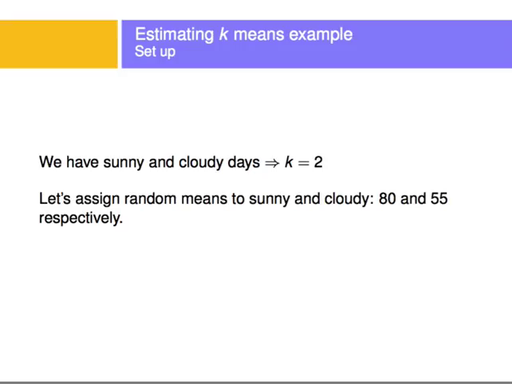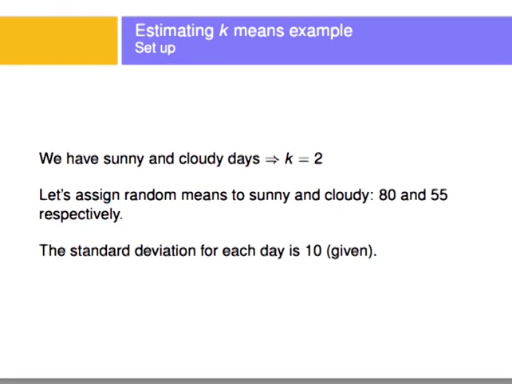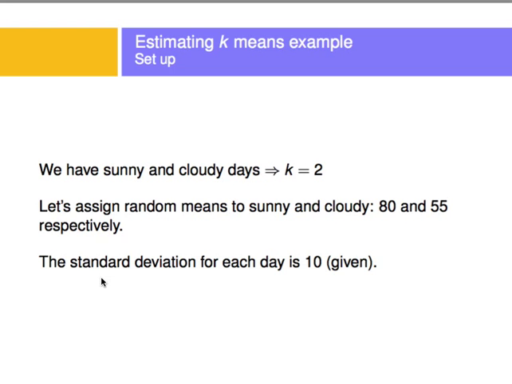Just off the top of my head, let's say 80 is going to be the mean for sunny days and 55 degrees is going to be the mean for cloudy days. This is absolutely randomly picked. And then we know the standard deviation for each day is 10, right? This is given. The problem said that the days could vary 10 degrees, give or take.